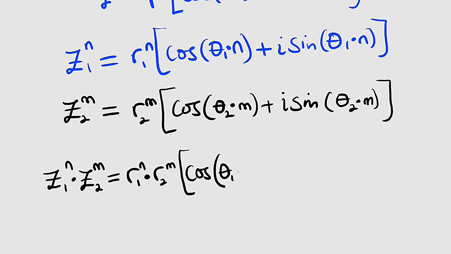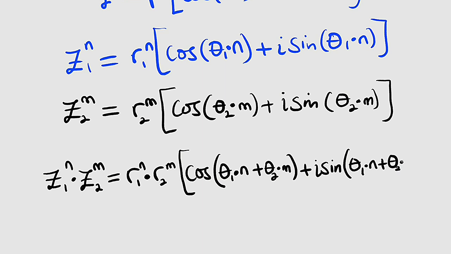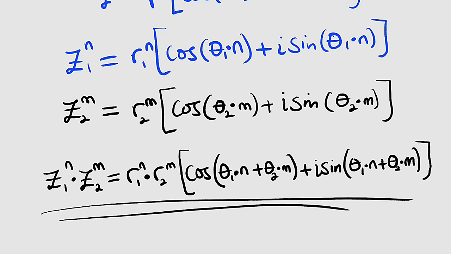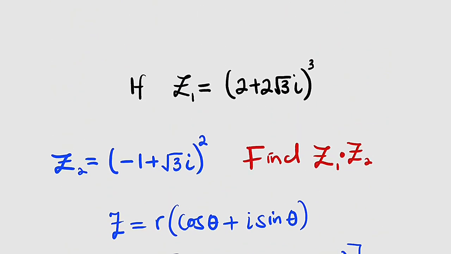Theta 1 multiplied by n, then plus theta 2 multiplied by m, then plus i sine of theta 1 multiplied by n plus theta 2 multiplied by m. So finally, this is the equation we are going to apply in multiplying these two complex numbers together.